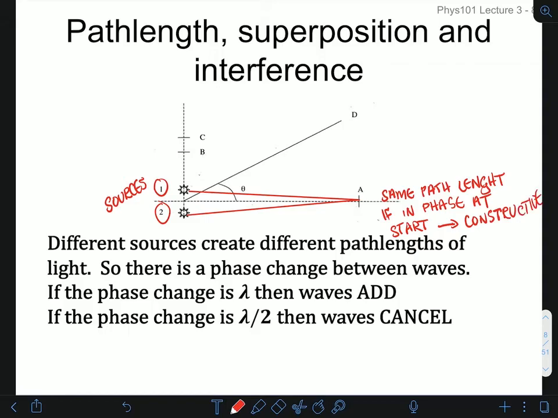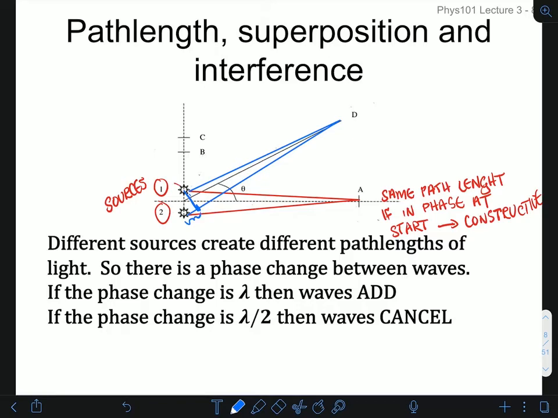However, if I'm at another point over here, let's say point D, the path length is very close, but if I were to actually measure, there's going to be an additional path length right here. So there's a difference.